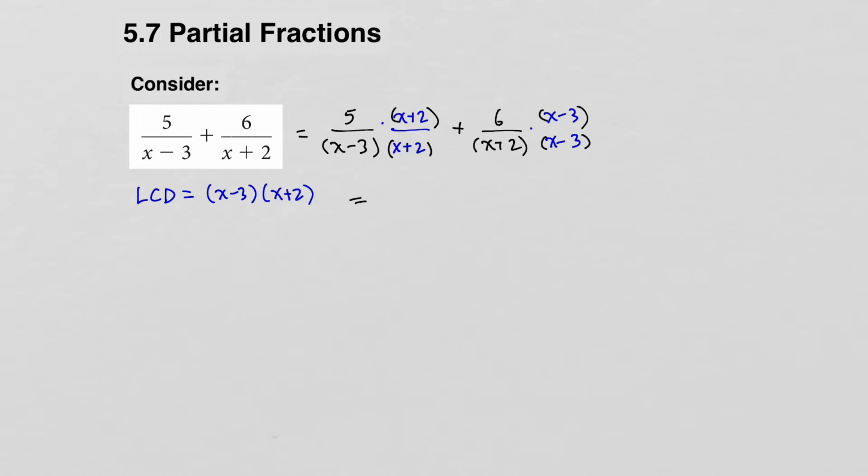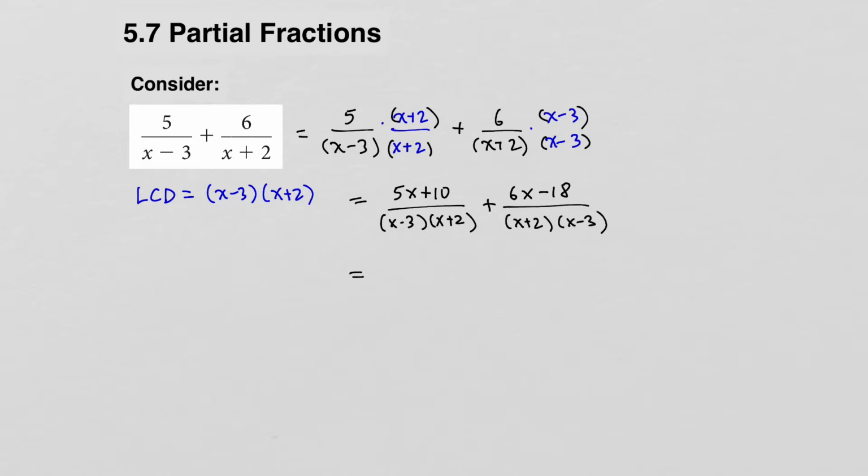Then we would go ahead and do the multiplication. So in the first fraction, we have 5x plus 10 over the common denominator. And in the second fraction, we have 6x minus 18 over the same denominator.